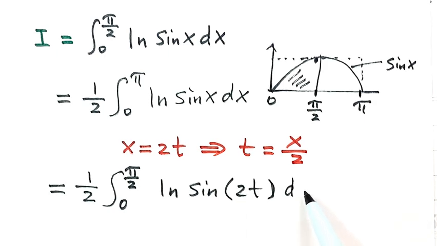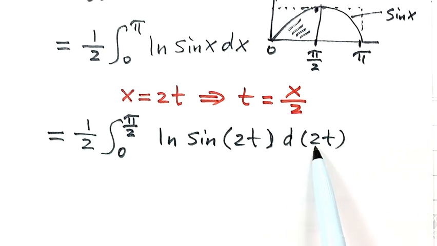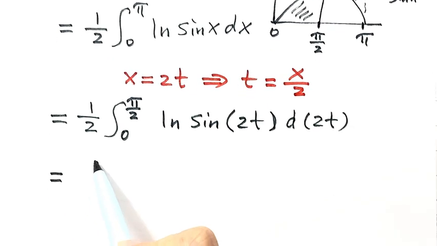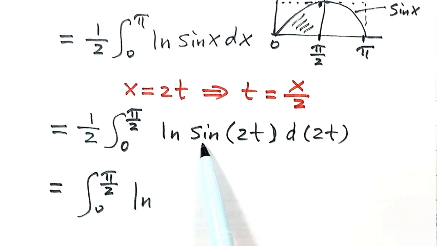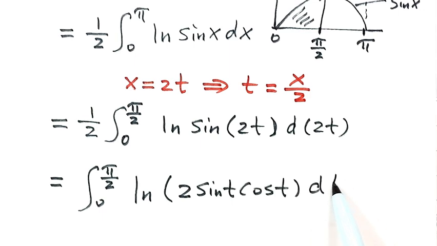Then dx is d2t. Let's simplify. Take these two up front, then cancel out with 1/2. Here just the integral from 0 to half pi of log sine of 2t. For sine of 2t, we use the double angle formula for sine: sine 2t equals 2 sine t cosine t, dt.